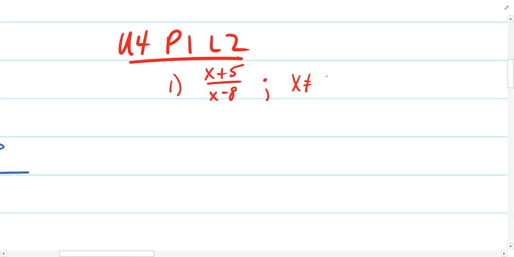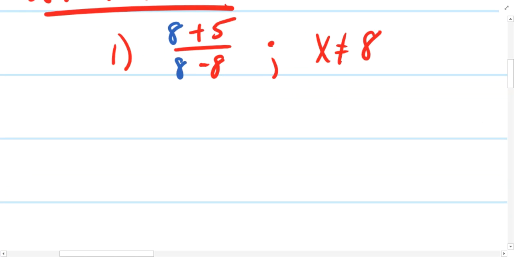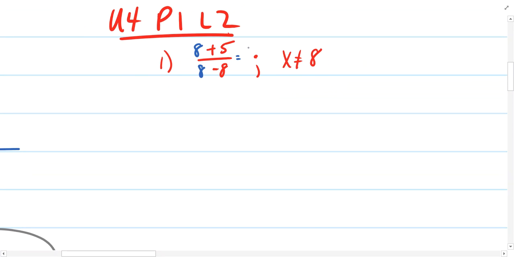positive 8. The reason why we don't like using positive 8 is because if x was replaced with the number 8, that doesn't really cause a problem in our numerator. 8 plus 5 is going to produce a real number result. But 8 minus 8 in the denominator produces a 0, and ultimately we would be left with 13 divided by 0, and we can't simplify that in our real number system.